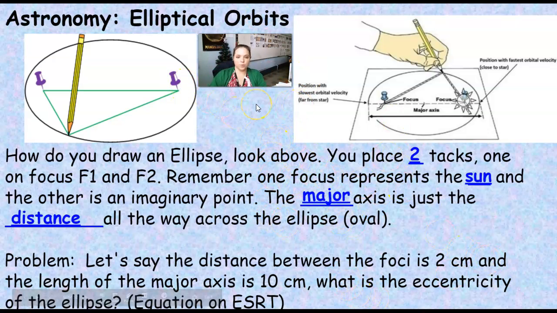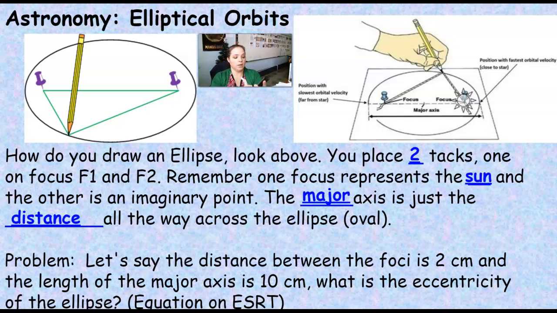All right. You may need a calculator, your cell phone at this point in time. So say the distance between the foci, the top part, is 2, and the length all the way across is 10. What is the eccentricity of the ellipse? Again, you're going to take the distance between the foci over the longer distance. So you're going to have 2 over 10.